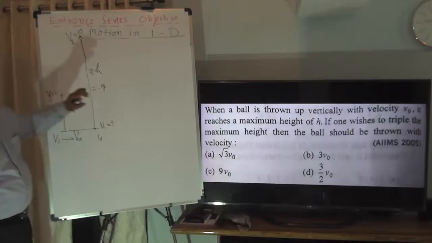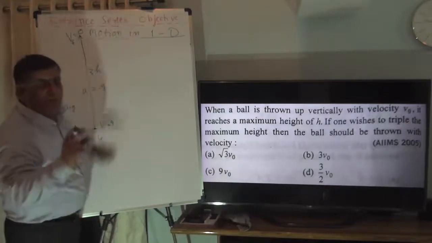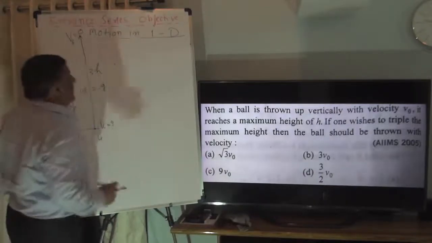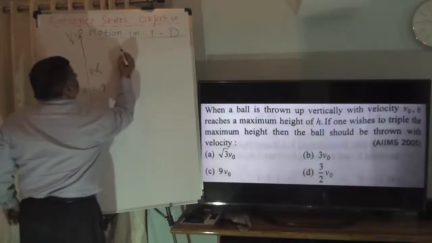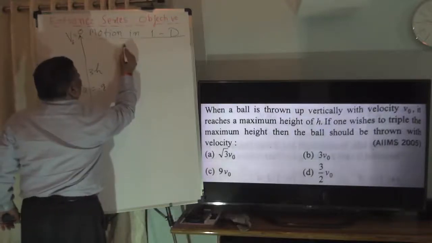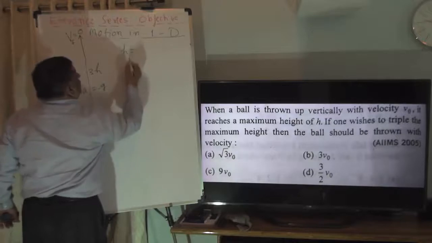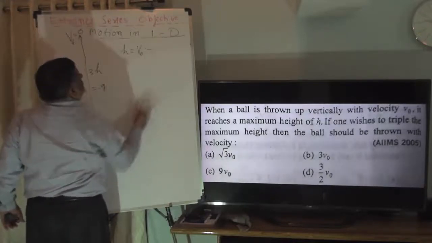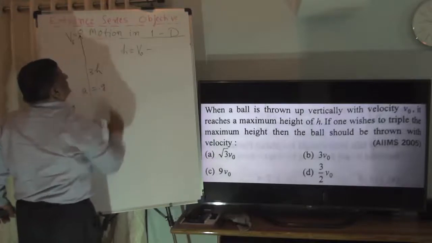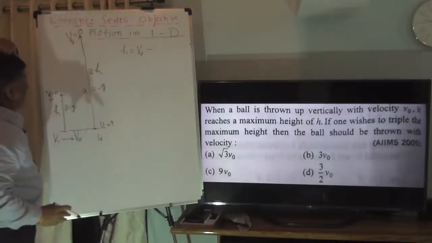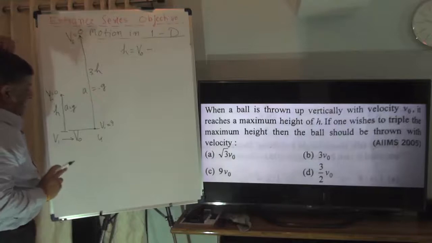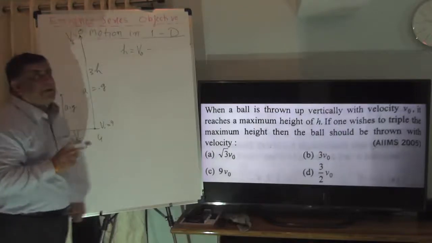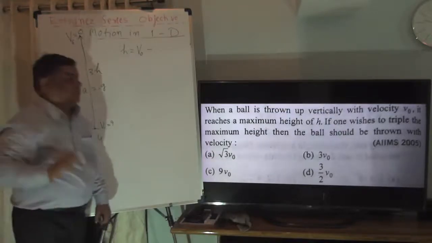So our formula for distance, initial velocity and final velocity is: distance s or h is equal to... h is equal to v square minus u square upon 2a.